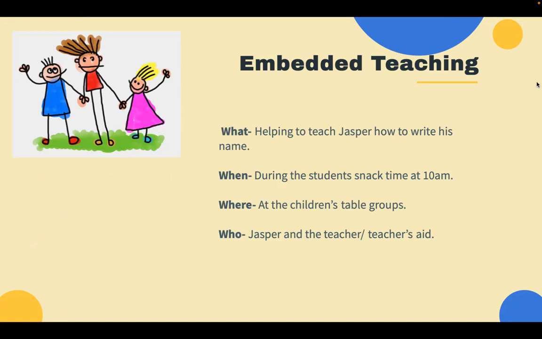So for my embedded teaching, we practiced this Monday through Friday at 10 o'clock, right before snack time. So students were given a paper plate and different colored markers where they were asked to write their names on them. For the first 2 days, students were given their name tags where they could copy them.